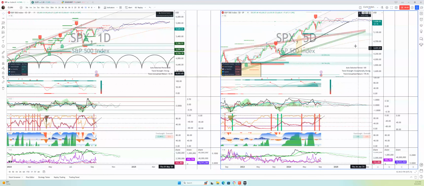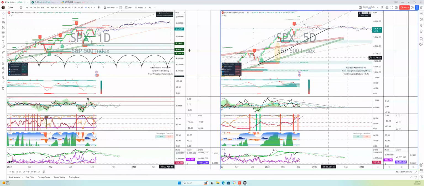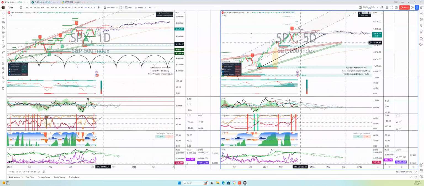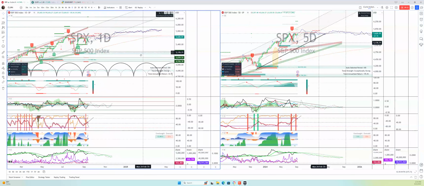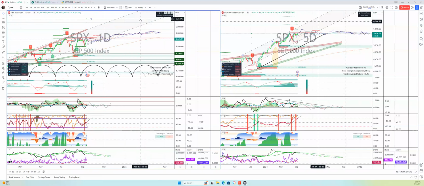We do got some fibs on the daily and the weekly, or the 5-day. I would say they're about the same. Let's see here. Yeah, they're the same print, just on a different time scale. So right over here, you can see them.